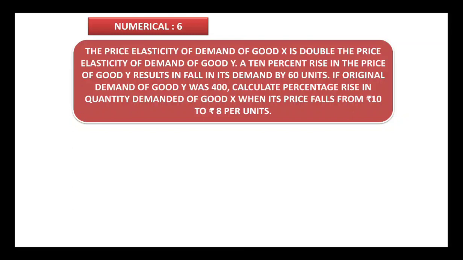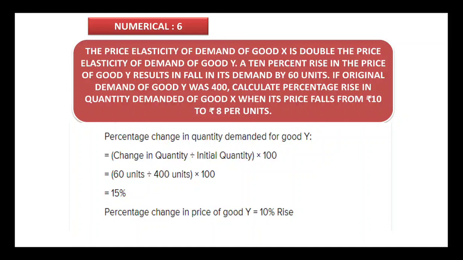A 10% rise in the price of good Y results in a fall in its demand by 60 units, which means that the percentage change in the price of good Y will be 10%, and the change in the quantity demanded for good Y will be 60 units. If original demand for good Y was 400, so if Q1 initial quantity was 400, calculate the percentage rise in the quantity demanded of good X when its price falls from rupees 10 to rupees 8 per unit. So it's a very interesting question.